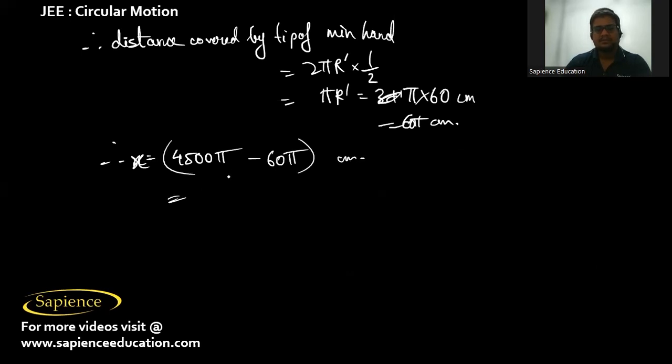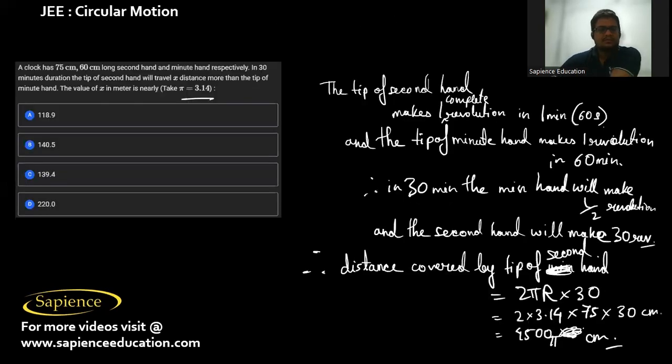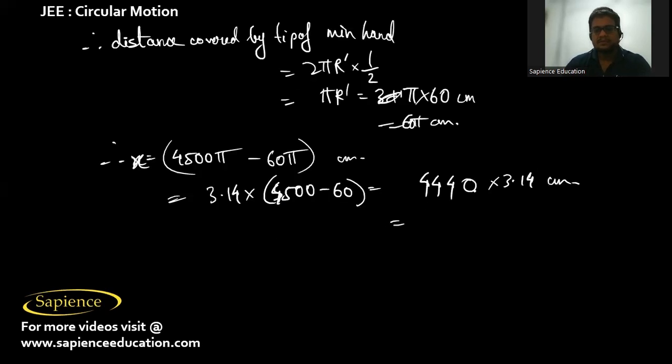So this will be equal to pi into 4500 minus 60, which is 4440 into 3.14 centimeters. Since x is in meters, and 100 centimeter equals 1 meter, we divide this by 100.